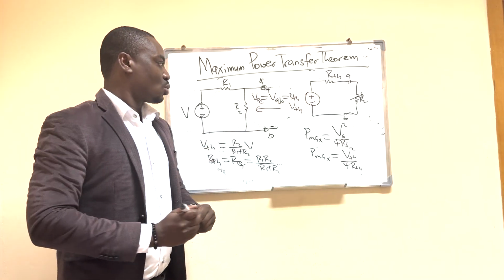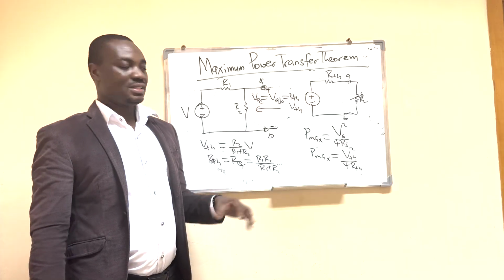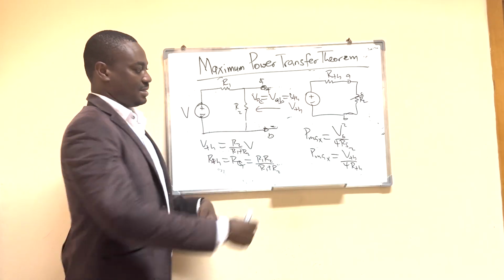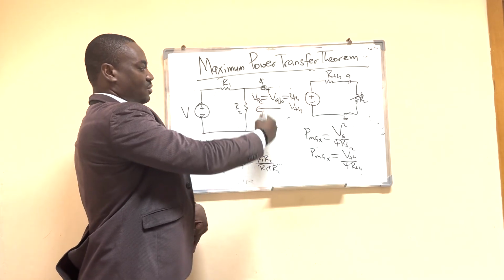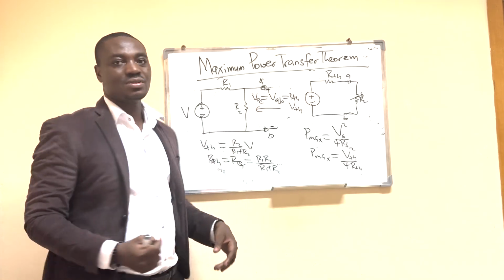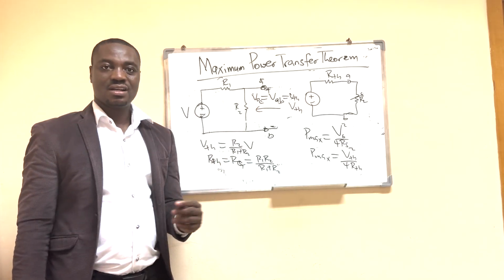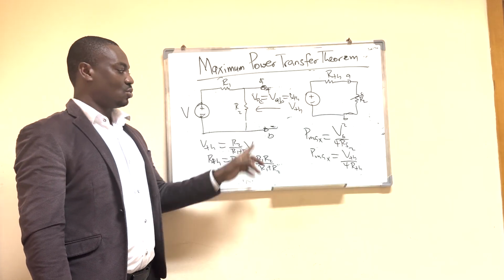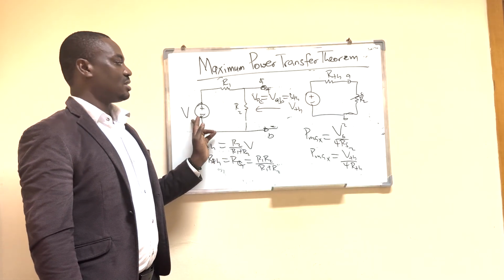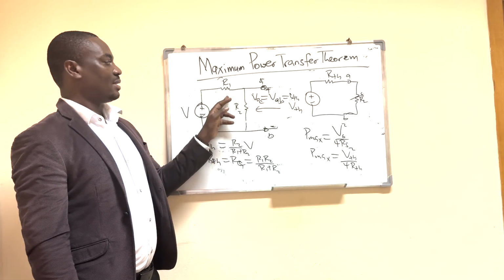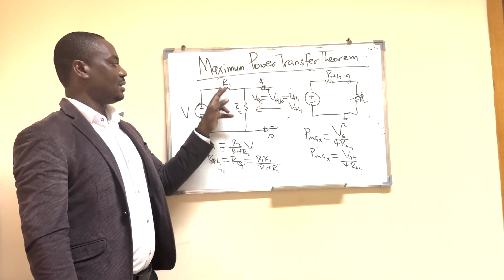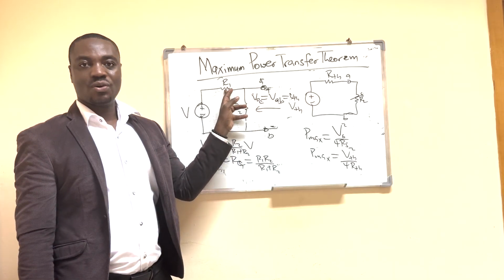So once I remove the load resistor, I'll look here. If you are standing at R2, the voltage across Vth will be the voltage across R2. And we can use voltage divider to get the voltage across R2. Because if I have a voltage source here and this is open, no current passes through the open terminal, meaning the same current will pass through R1 and R2.